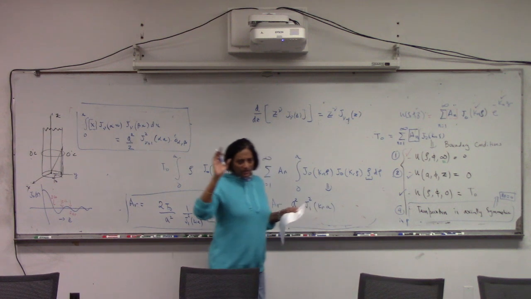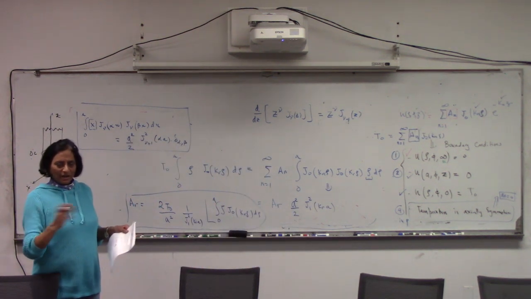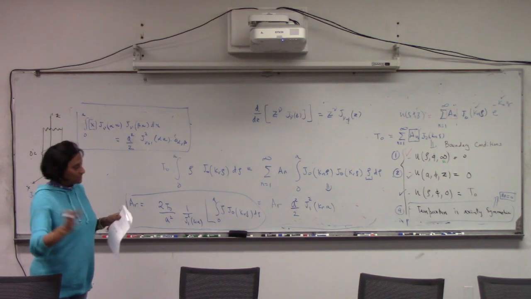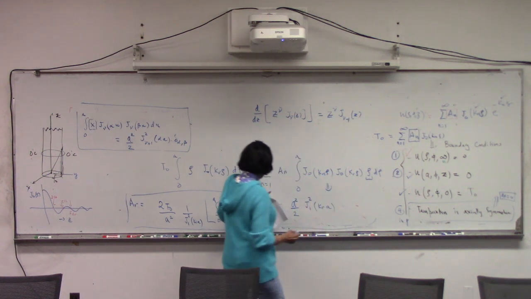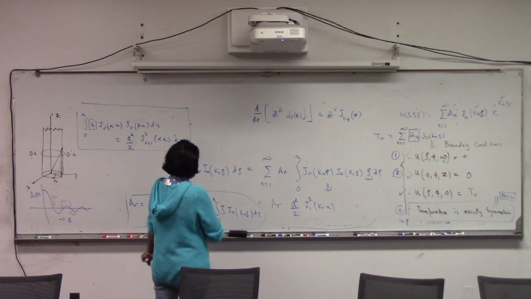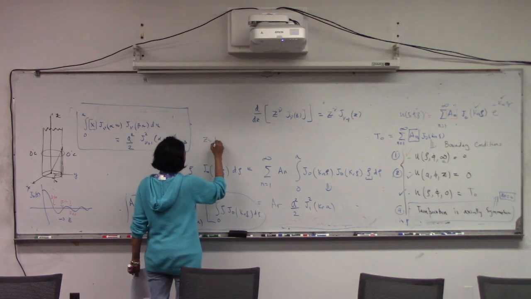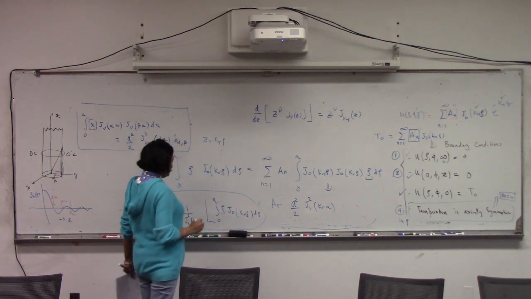This we just got from the generating function. We also got it directly from the series expression that we had. We proved this. Now, what do I have? I have this integral to evaluate. So let me put z equal to kr rho. I can do that easily in that expression.